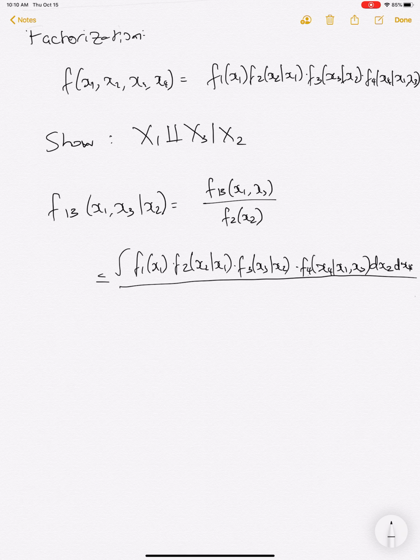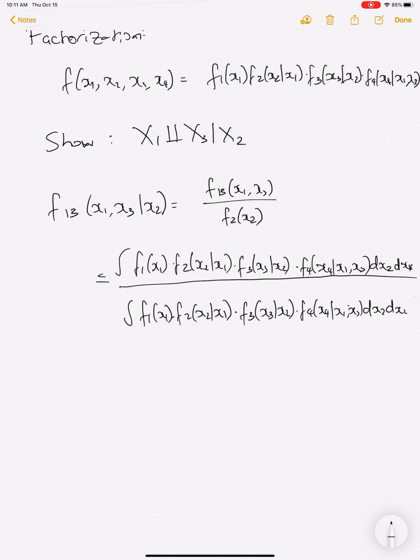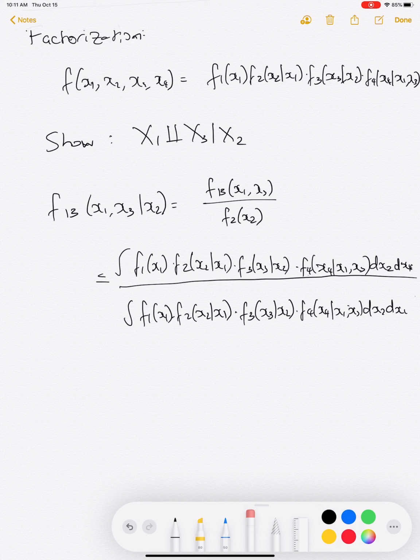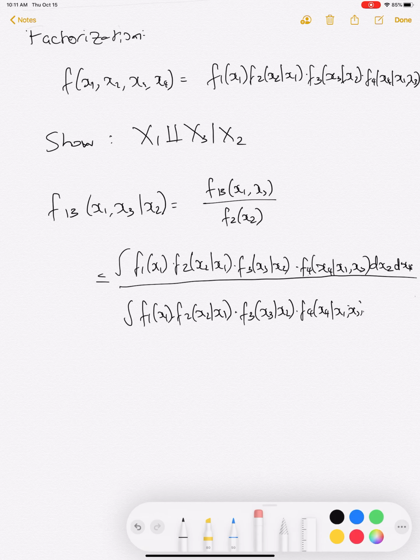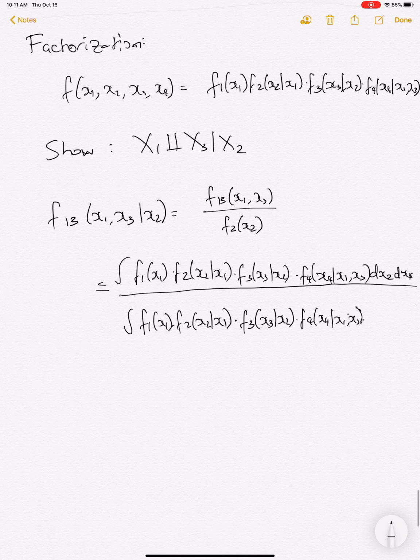And then for f2 of x2, you can write this out as, so this is going to be integrated over x1, x3, and x4, because you just integrate over the variable that you're not interested in finding the marginal for.